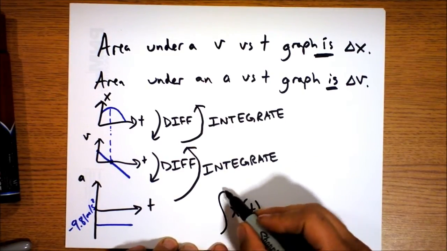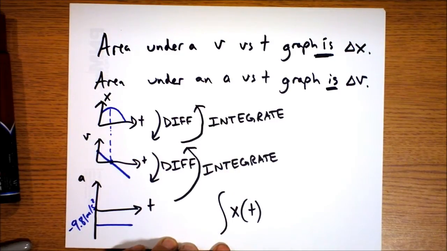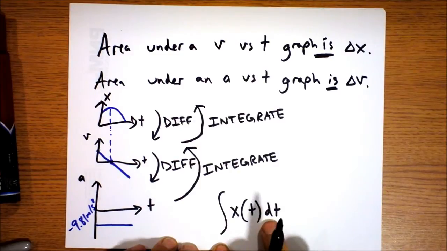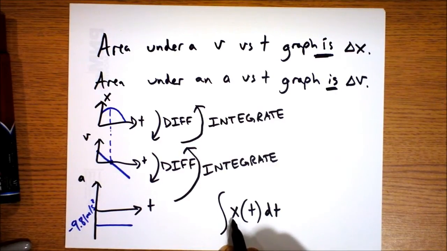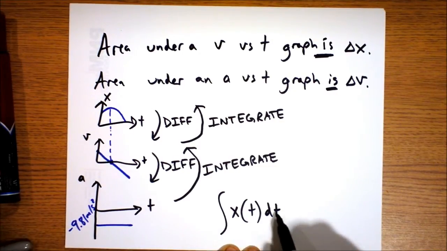I'll explain why it is this soon. This is a large elongated S for integration. And this dt, remember the d from derivatives, it's the same d that you've been used to. This dt says integrate over time. So this is a function position that depends on time. Obviously, position depends on time in physics, and we are integrating that function over time.